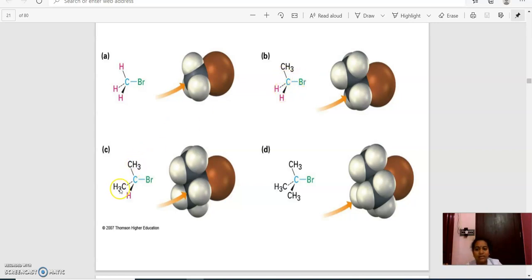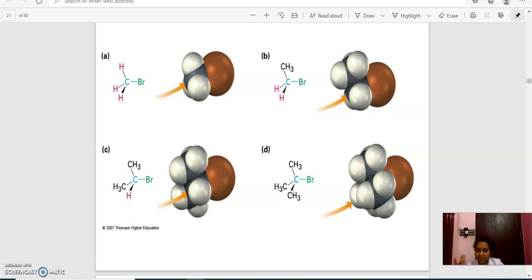Here CH3 CH3 CHBr, with 2 methyl branches, is known as isopropyl. With 3 methyl groups attached to the carbon, there are 4 carbons in total, so it is butyl. With 3 methyl group branching on the same carbon, that is known as tertiary butyl.